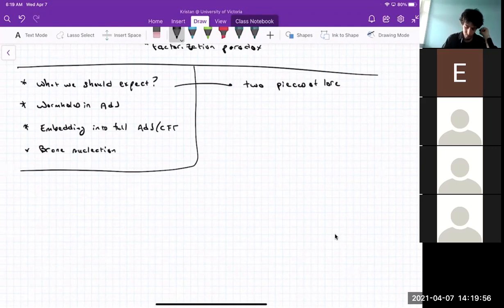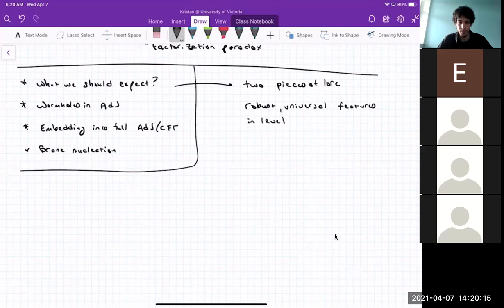These are fairly generic, robust, universal features of complicated many-body systems. And all of this goes back all the way to work of Wigner and Dyson back in the 60s and 70s, where it sort of started.